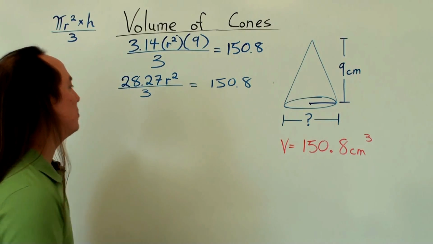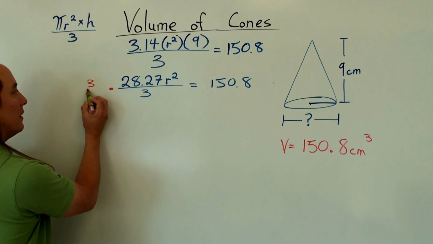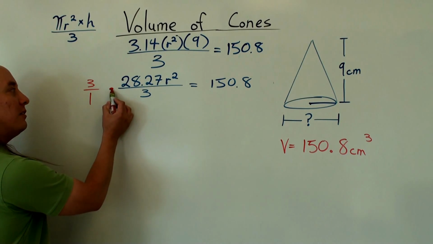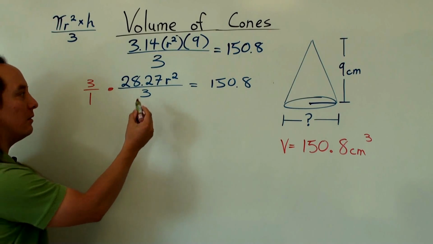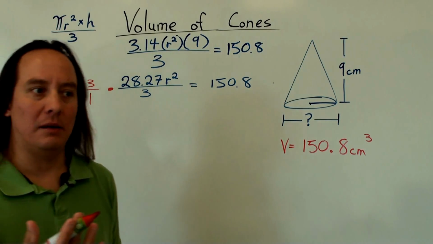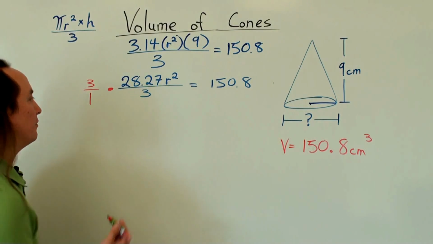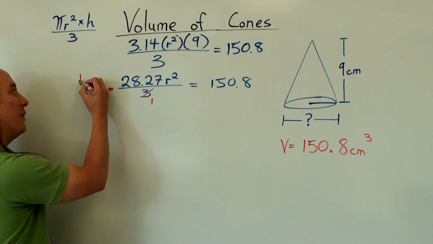So I can undo it, it's multiply by 3. And I've done this a few times already, so you guys probably know what I'm doing already, hopefully, right? So the point here means multiplication. The 3 and the 3 can cancel out, so it just means that they can be reduced by dividing by a common factor. And that common factor is 3. So 3 divided by 3 is 1. 3 divided by 3 is 1.